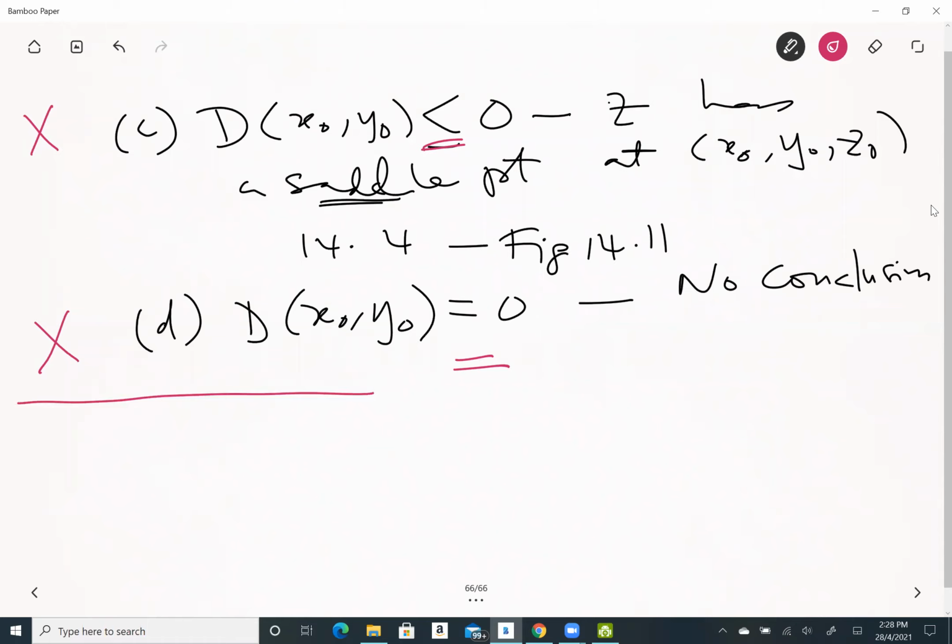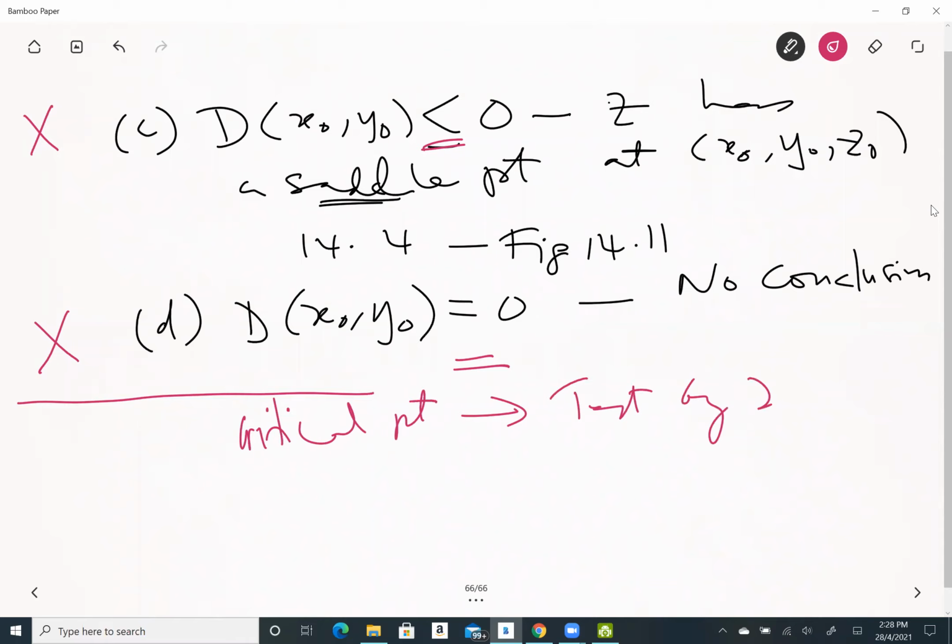So the test, just like the one that you had earlier, is made up of 2 stages. One is to get the critical point. But here, to get the critical point is a little bit more work, because you have a system of equations. And then you test by the second partials.